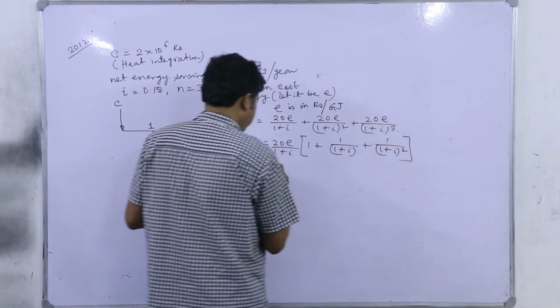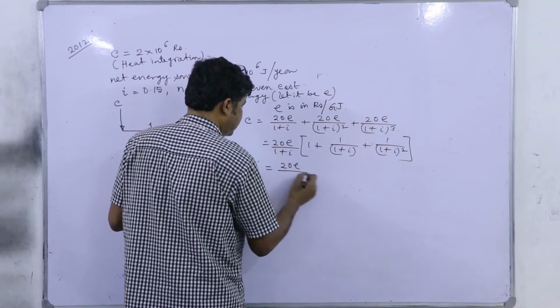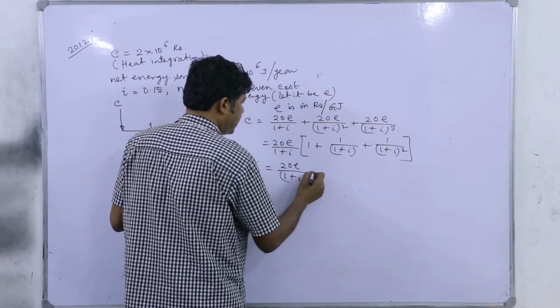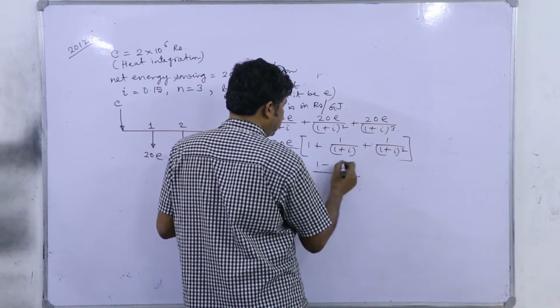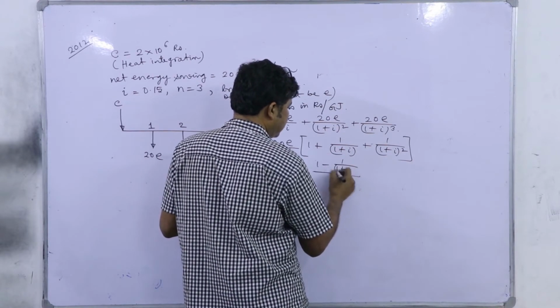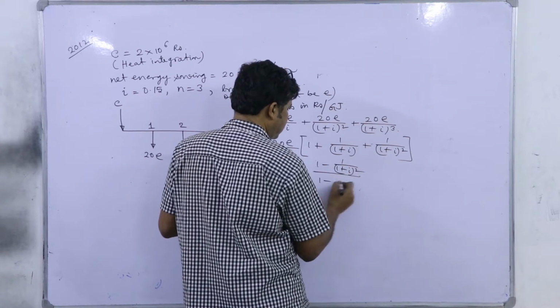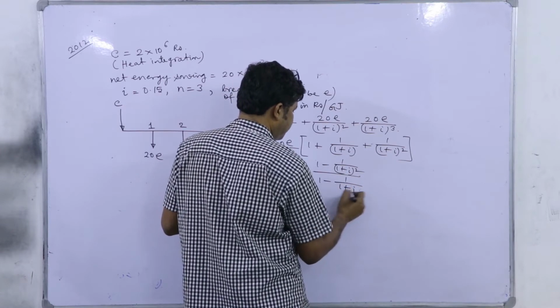So, what will be the sum? Here the factor is less than 1. So, 1 minus 1 divided by 1 plus I square, over 1 minus 1 plus I.